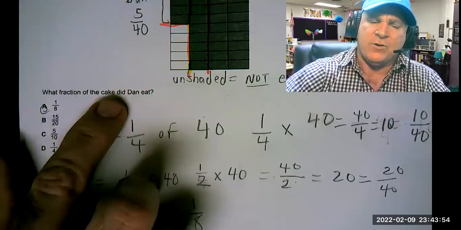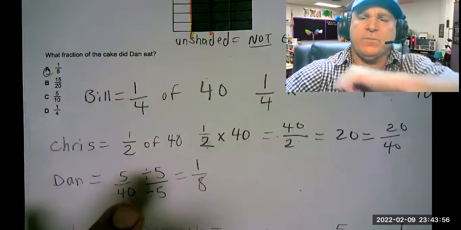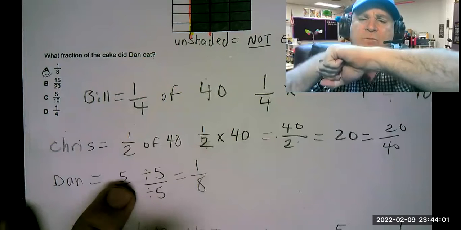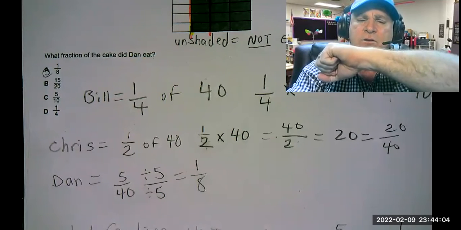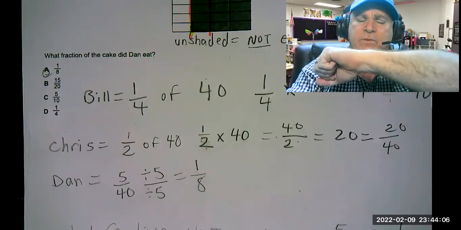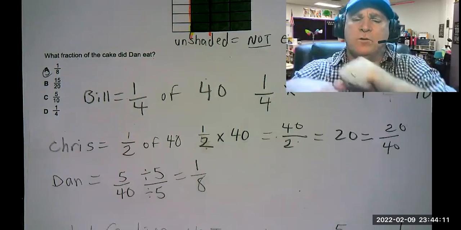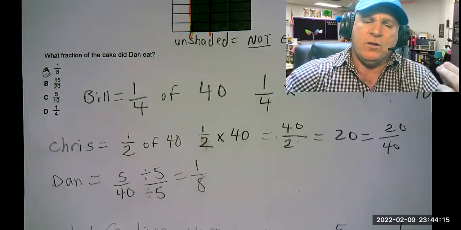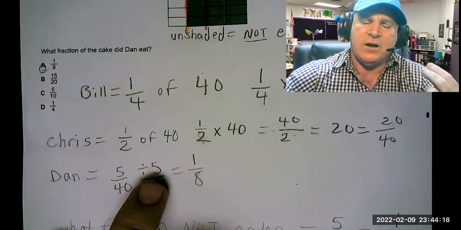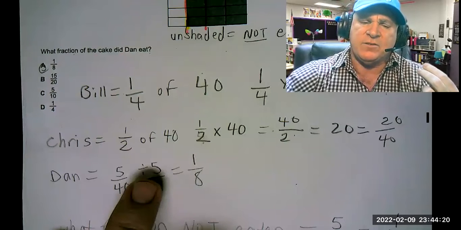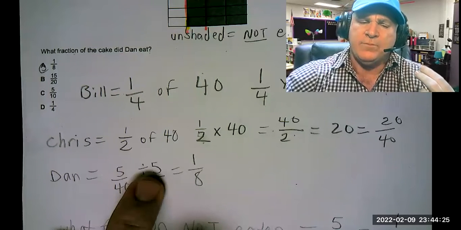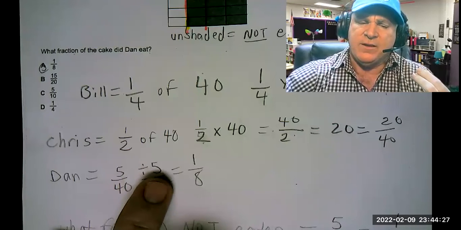So 5 out of 40 is 5 in the numerator, the dividend, divided by 40 in the divisor, the denominator, part whole.